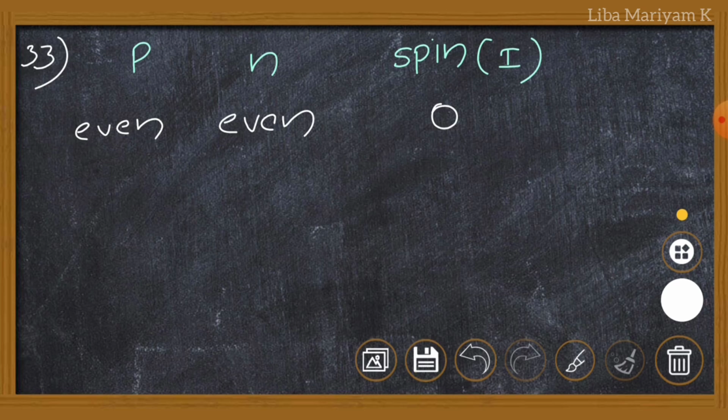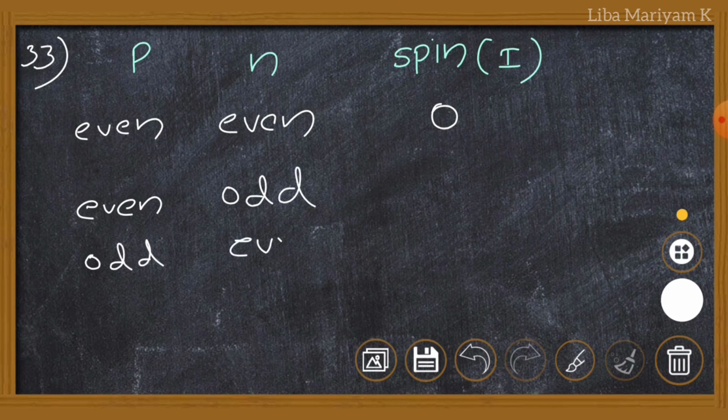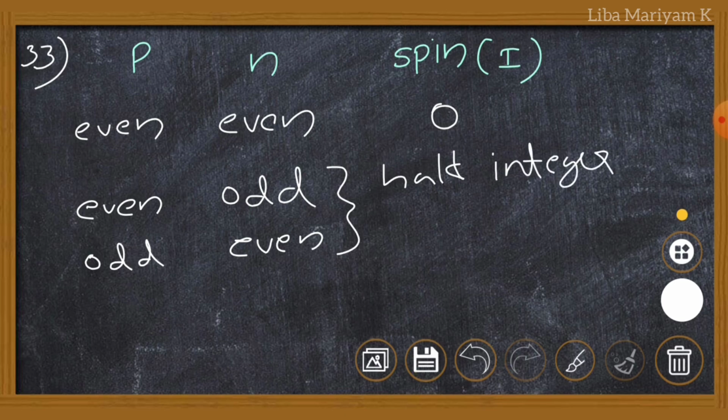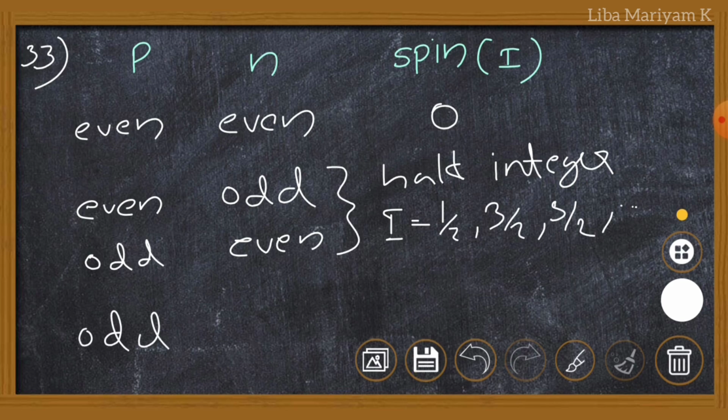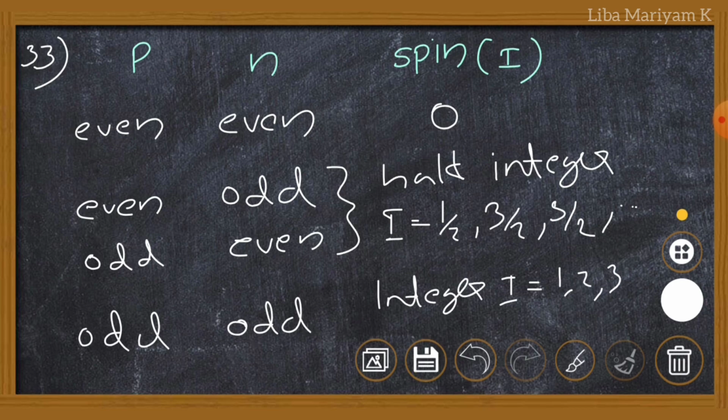If number of proton is even and number of neutron is odd, or number of proton is odd and number of neutron is even, in this case value of I is a half integer, that is I may be 1/2, 3/2, 5/2, etc. When both number of proton and number of neutron are odd, then value of I will be an integer, that is I equal to 1, 2, 3, etc.